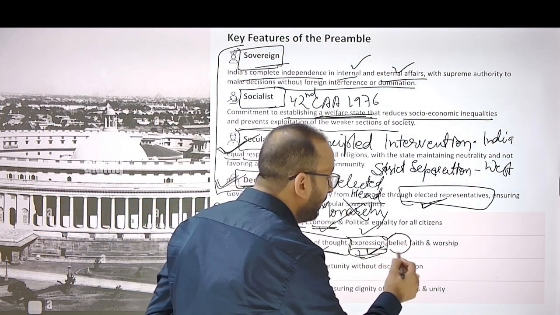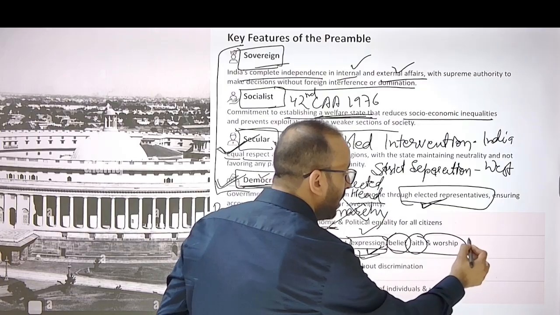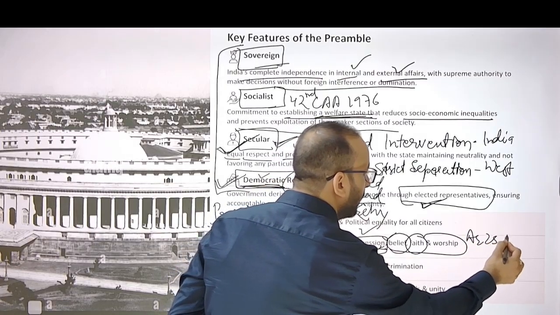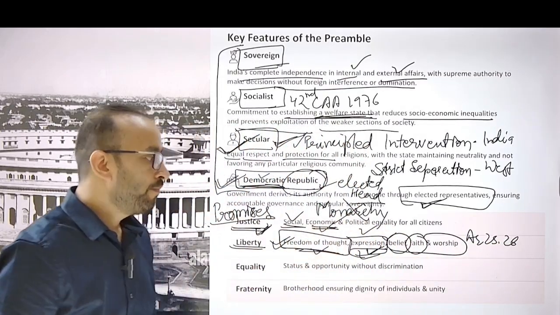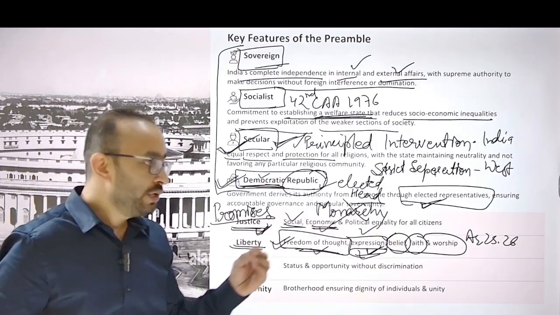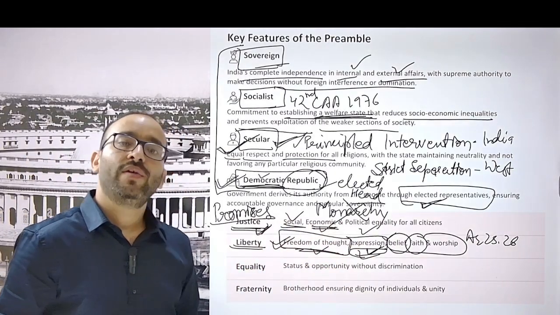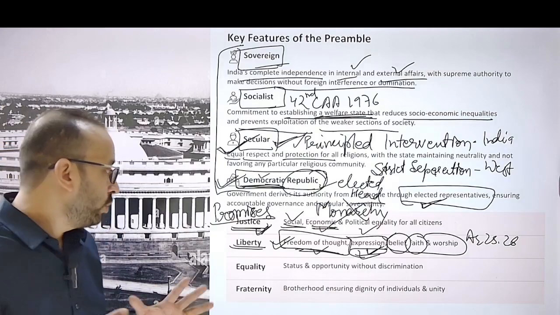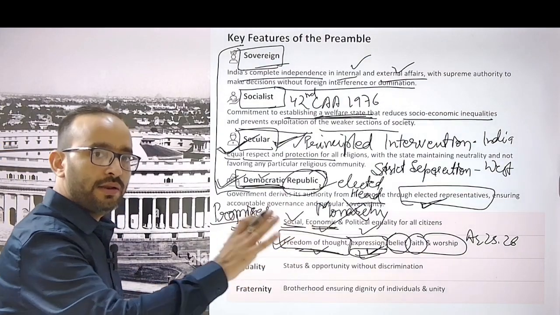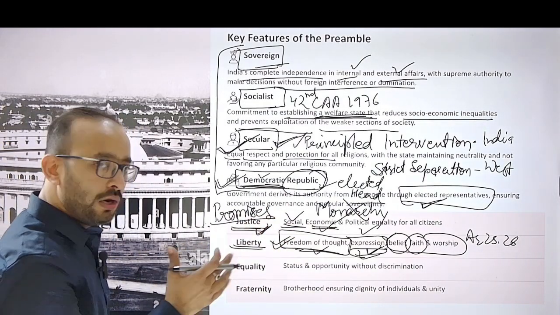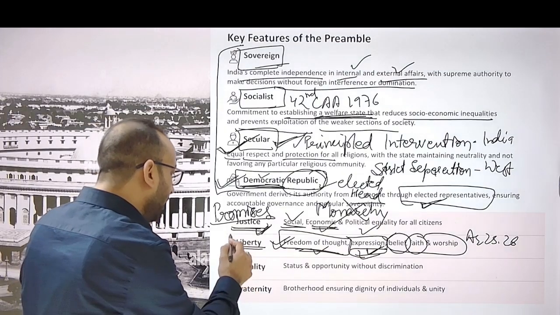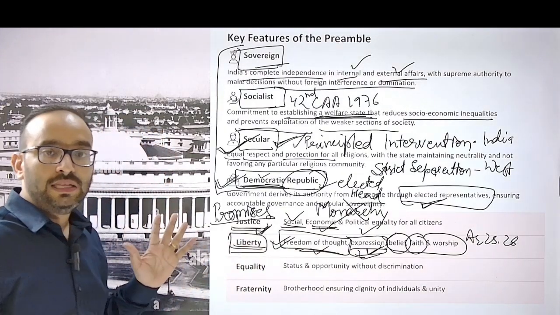Then you have freedom of belief, faith, and worship. We'll see in Articles 25 and 26 that the Constitution guarantees you the freedom of religion, that you can choose any religion, worship any god, have faith in any religious rituals, subject to certain restrictions of public health, law and order, and morality. But still, this is promised by the preamble.